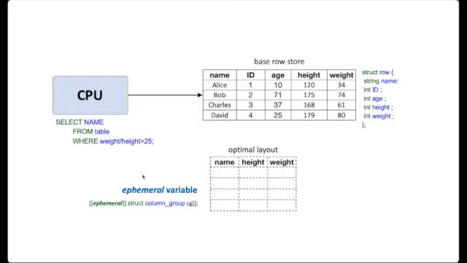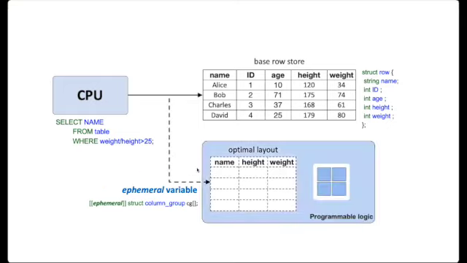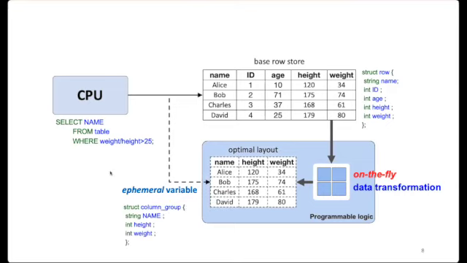Instead, upon accessing such a variable, the underlying machinery is set in motion and generates an on-the-fly projection. It provides the reorganized data. In this way, ephemeral variable points to an optimal layout for any query, and the software does not need to consider the underlying hardware and access the data as if its optimal layout is always available.